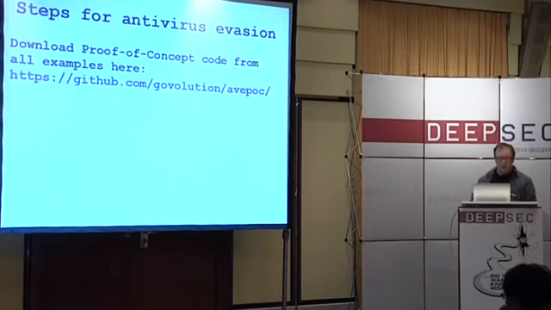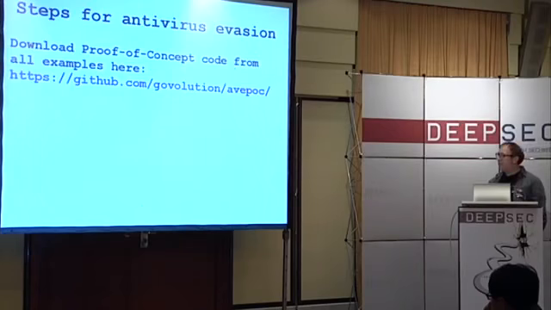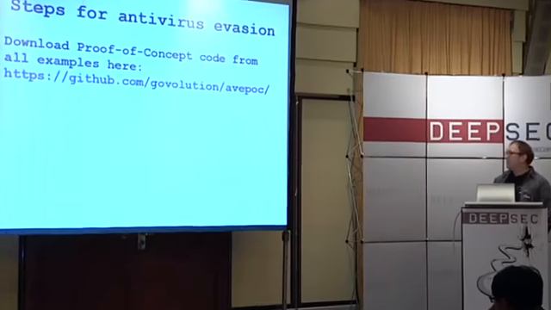You can download all the examples I'm showing here from GitHub. I had to think a little about whether to do this or not, and I decided to give my examples away because I have some more of them, which I don't show here, so it's okay.